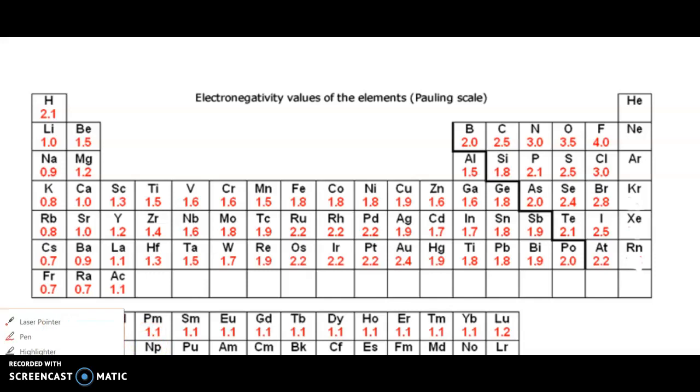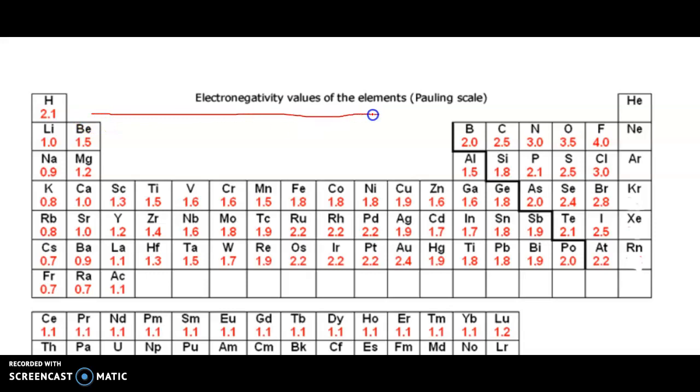So if we start on the left side of the periodic table when we're facing it, and we go to the right, we see that electronegativity is going to increase. And if we look down the columns, we see that electronegativity is going to decrease.